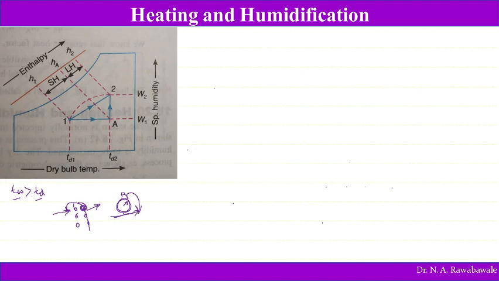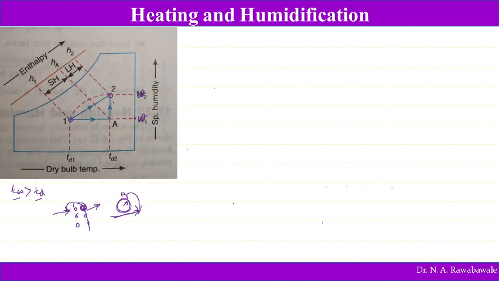This process is shown on the figure as process 1 to 2, where the dry bulb temperature increases from TD1 to TD2 and the specific humidity increases from omega 1 to omega 2. So this is the heating and humidification process.